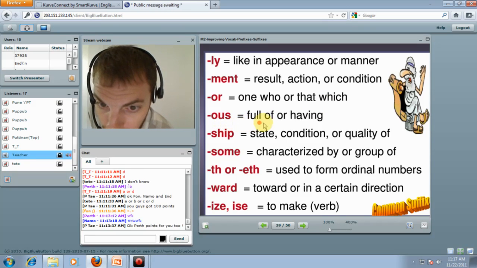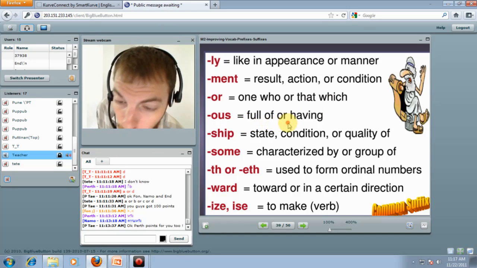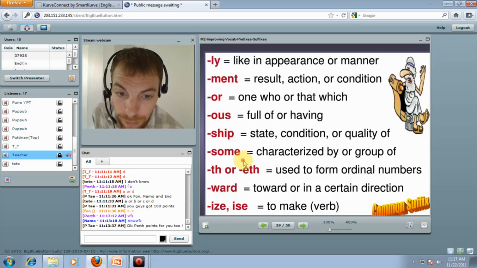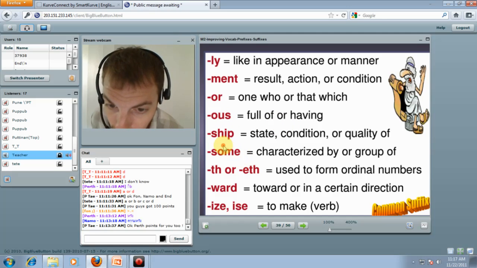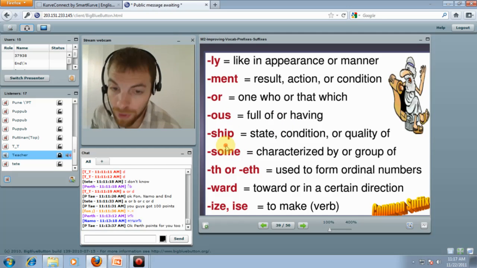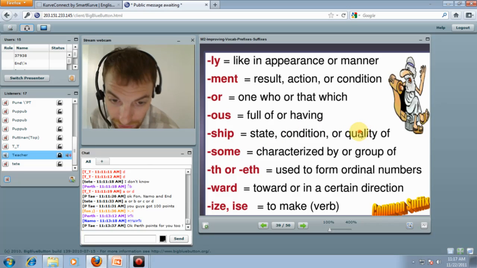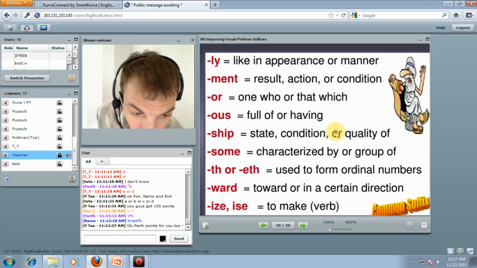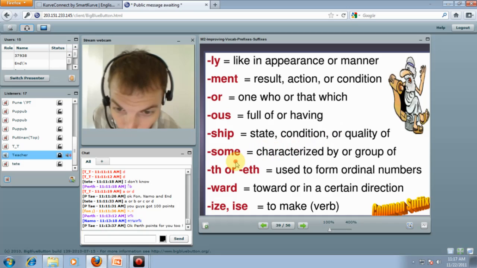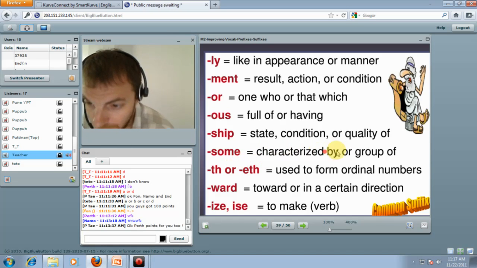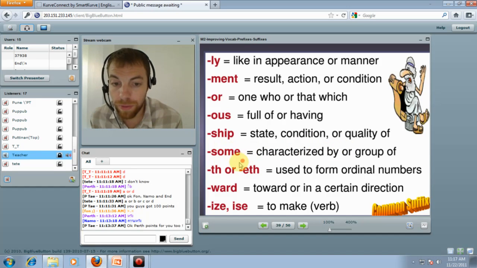Ous is full of. SHIP, another one, the state or condition or quality of. SOM means a group of people usually.